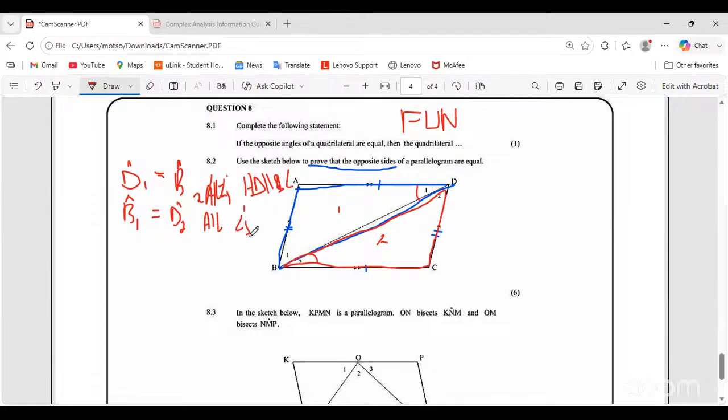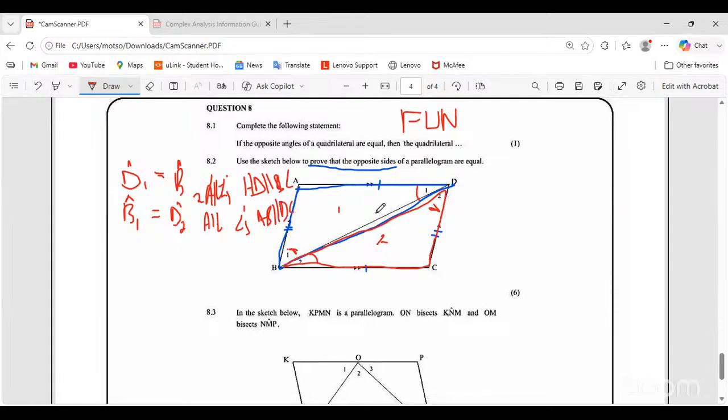And then now I state my parallel lines. I said B1 here is equal to D2 here. My Z is around here. So now I state AB is parallel to DC. Okay, AB is parallel to DC.